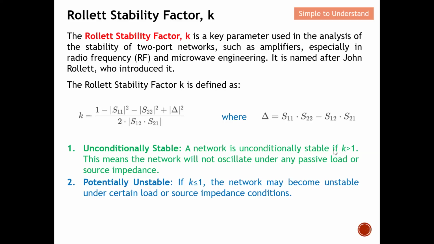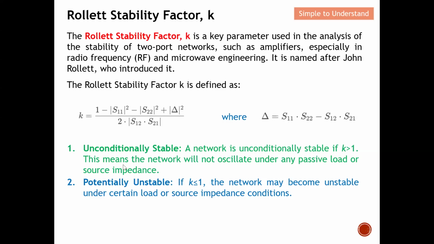When K is more than 1, this is what we call unconditionally stable, which means that the amplifier or the transistor that we design will always be stable, as long as we ensure that the load and the source impedance are passive. Not active, but just passive. With this, the design will always be stable, because it will not oscillate.